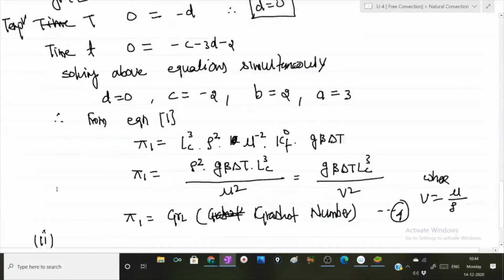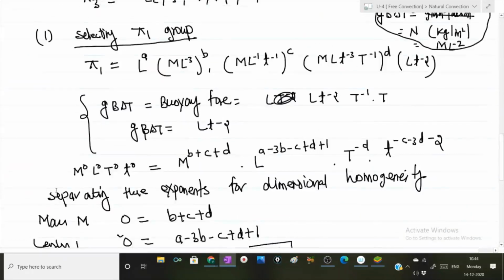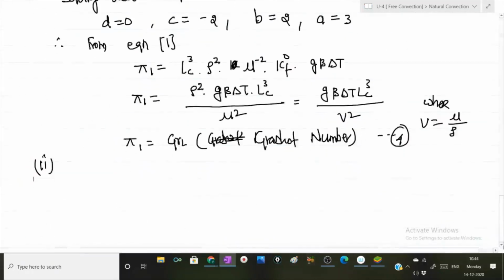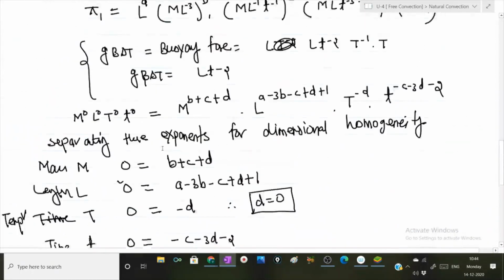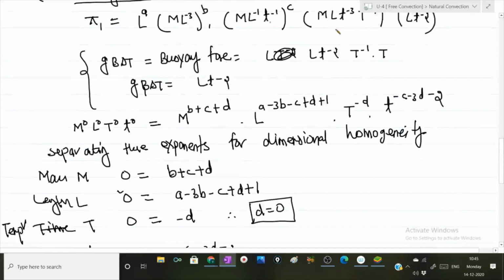Similarly, let us do it for expression number 2. I am doing it fast. Selecting pi 2 now. So pi 2 is equal to, expressing them in terms of non-dimensional numbers, L power e. Now the same equation will be applicable, only the exponents will be changed.